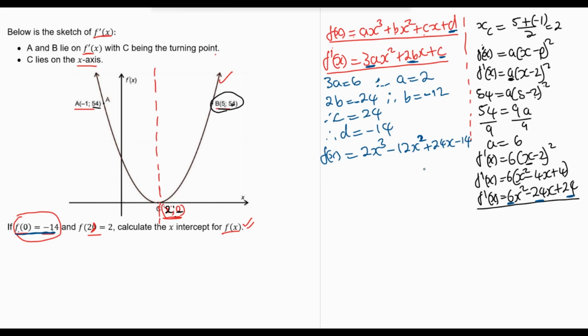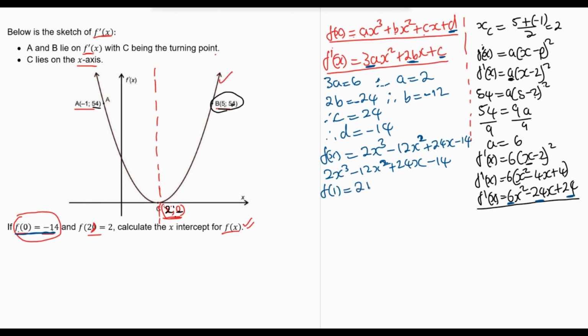Right, now we want to find the x-intercept, so we have to do factorization. We factorize the cubic function, so 2x cubed minus 12x squared plus 24x minus 14. So we do trial and error. We try 1, negative 1, 2, negative 2, but we find that f of 1 is one that will give us 0.